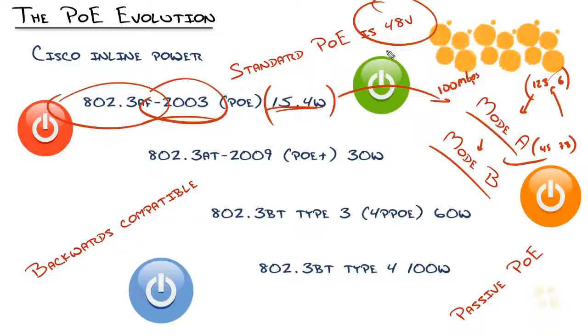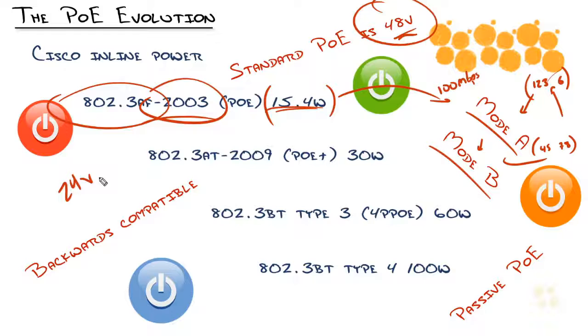For now, just think about volts as the pressure that pushes the electricity down the wire. Standard PoE uses 48 volts of pressure, but there's a lot of low-end, I'll just call them cheap devices, that use 24 volts. Ubiquiti would be one of the cheap equipment that I buy, and they make some good stuff. It's just they cut corners by using 24 volts because it's just cheaper.